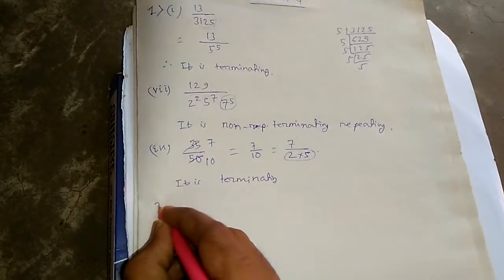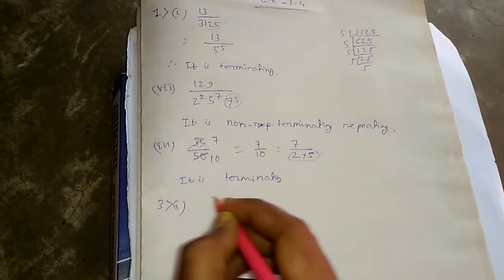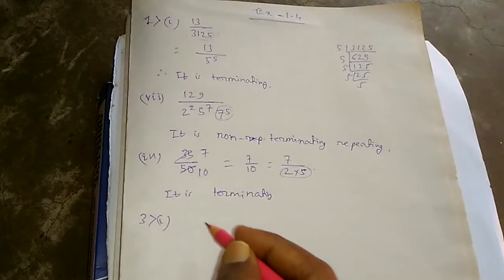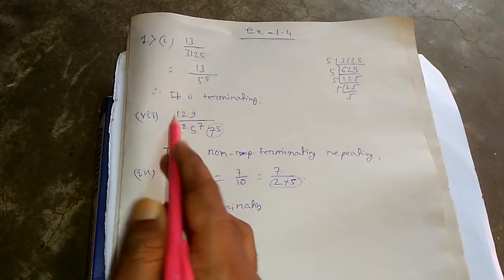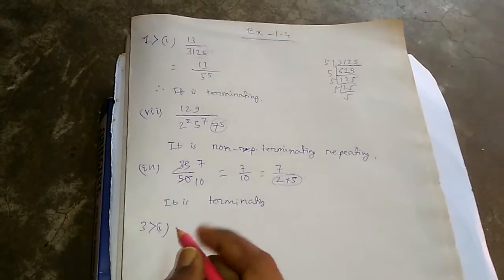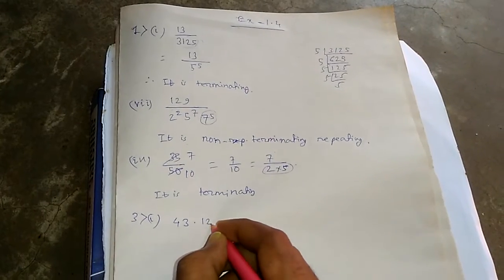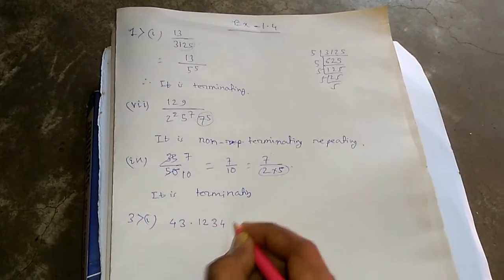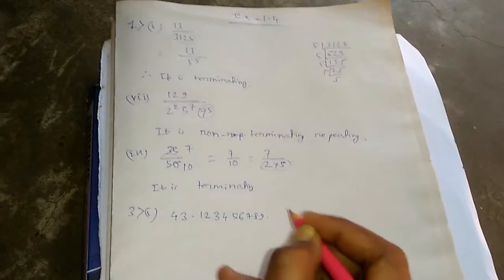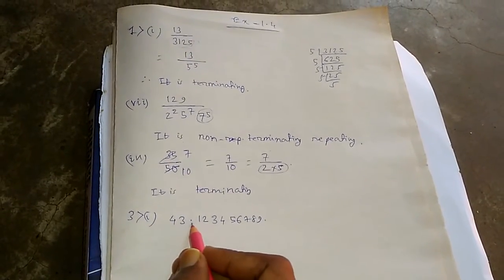Next, we will do question number 3. Question 2 is not necessary because it is the same as question number 2. You have to do the division of these numbers, so you can easily do the division. So the question is, you have to show whether it is a rational number or irrational number. Here you can see it is a decimal expansion.